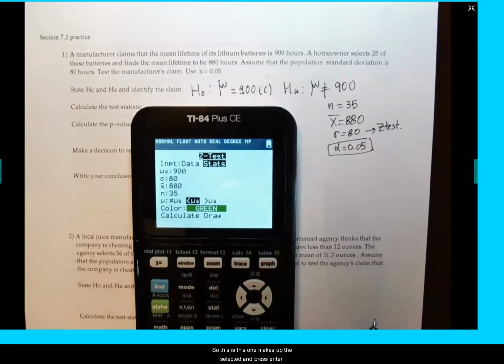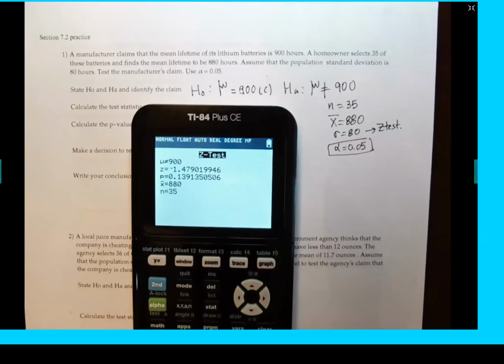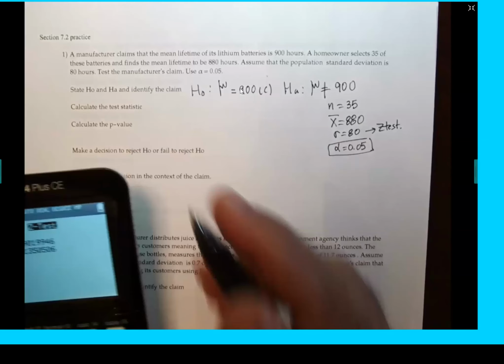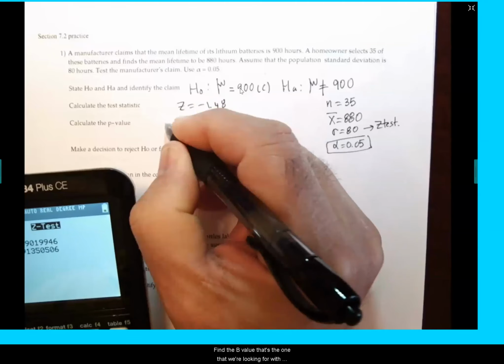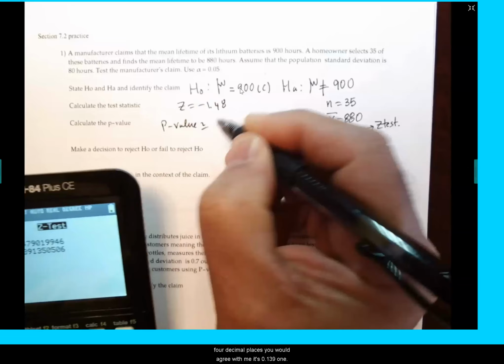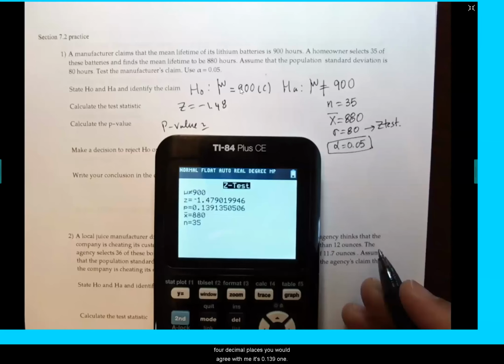So this is this one. Make sure to select it and press enter and hit calculate. I got z equals negative 1.48. And the p-value, that's the one that we're looking for. With 4 decimal places, you would agree with me, it's 0.1391.